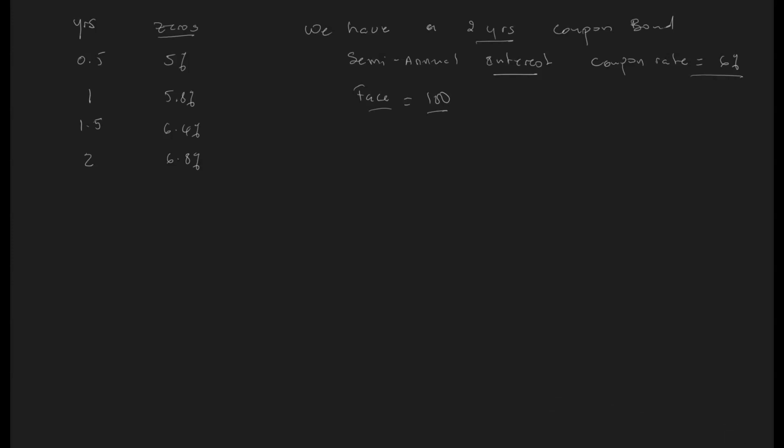what is the price of this bond? Well, if you were to use your financial calculator the way you used to do, you would say the price of the bond is going to be equal to... To find the price of a bond, you would essentially do the following. N is going to be 2 times 2, because 2 years semi-annual, right?